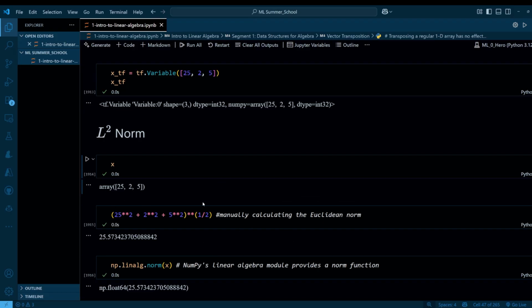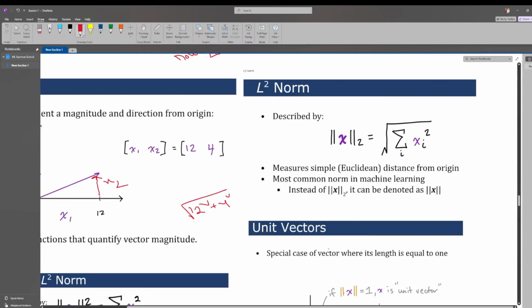For this example it's different. Assuming we have the array 25, 2, 5, which has 3 dimensions as a whole, a vector with 3 dimensions, just assume it like this.